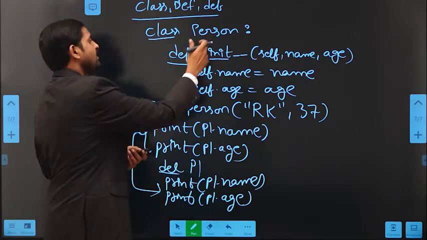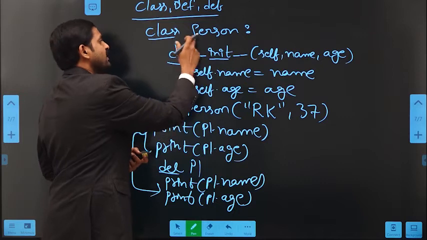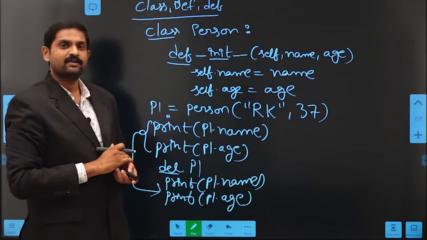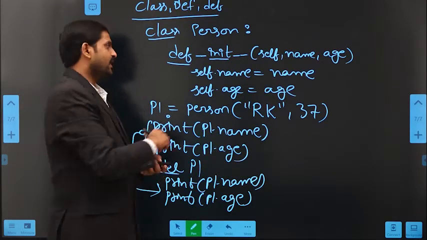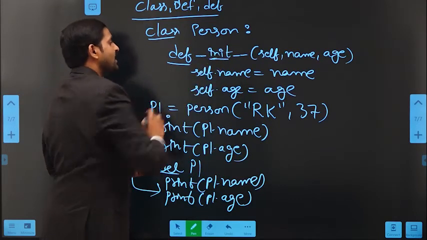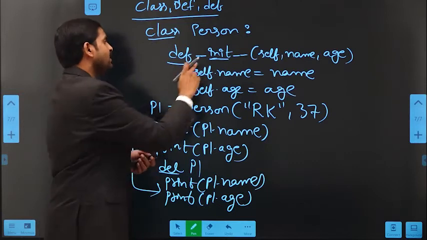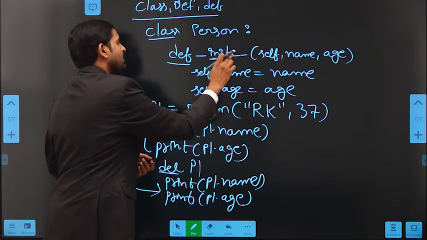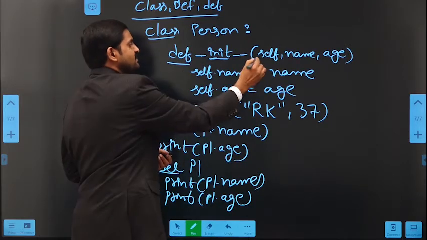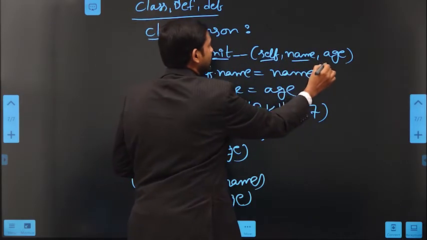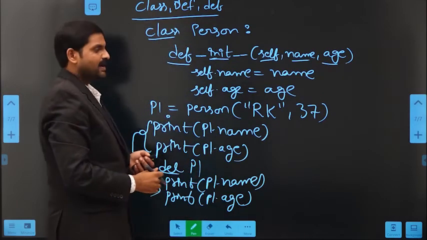It means the constructor should be named Person in Java, but in Python, it need not be the class name. Instead of that, we will use __init__, prepended and appended with two underscores. Self is the current object, name is an argument, age is another argument.